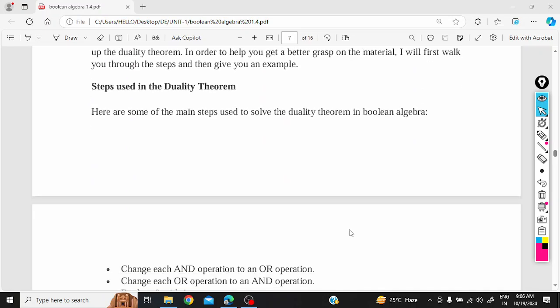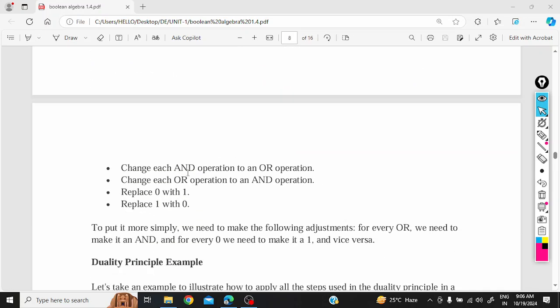Next, the duality principle means if I am changing AND operation to OR operation, or OR operation to AND operation, meaning plus is converted to dot, or dot is converted to plus, and replacing 0 with 1 and 1 with 0, and I am getting the same operation, such kind of operation we call the principle of duality.